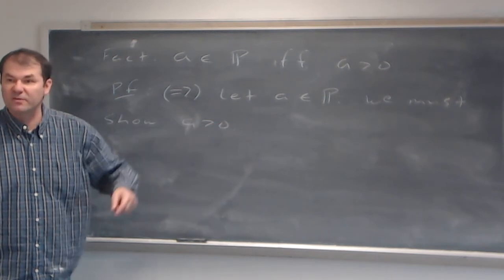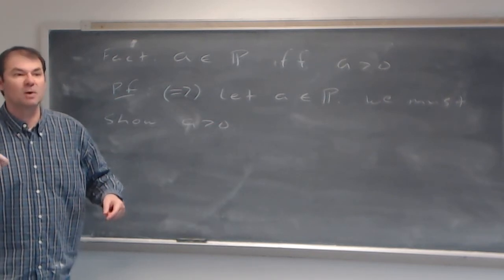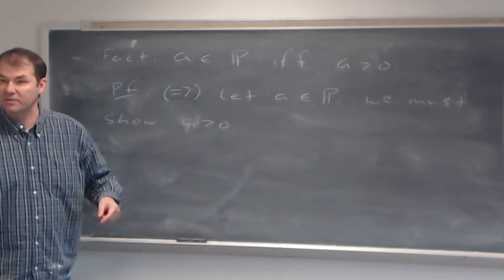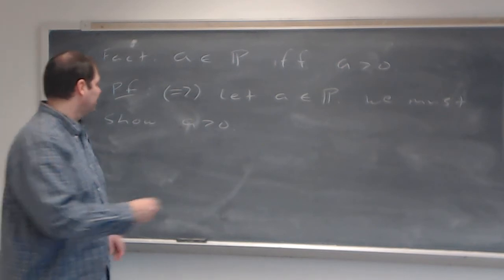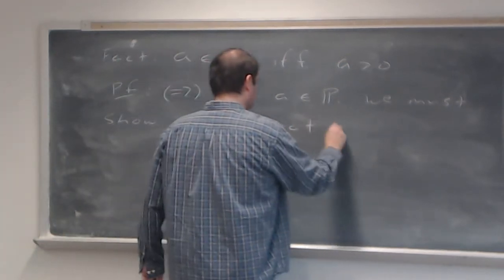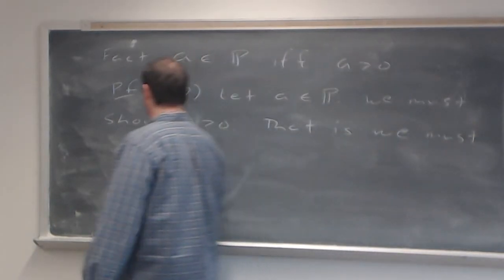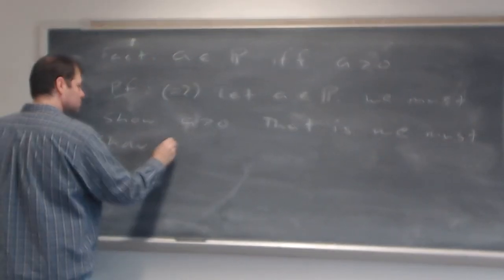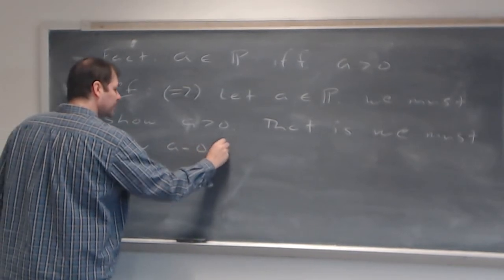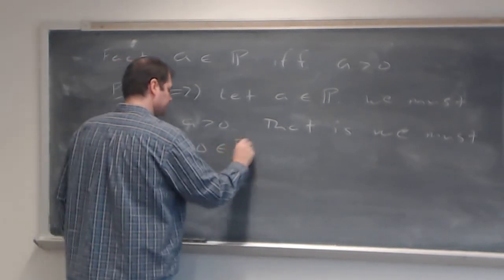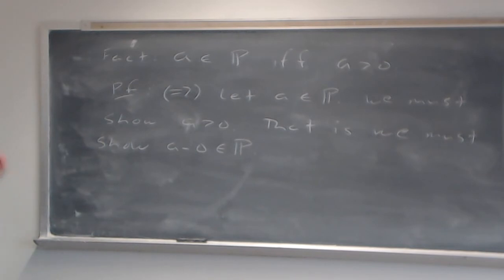For one number to be bigger than another, the bigger minus the smaller has got to be an element of the positive numbers. Is that okay? That is, we must show A minus 0 is an element of the positive numbers.